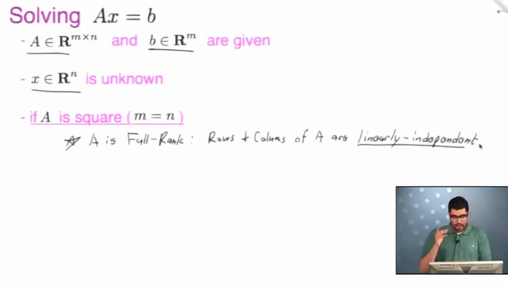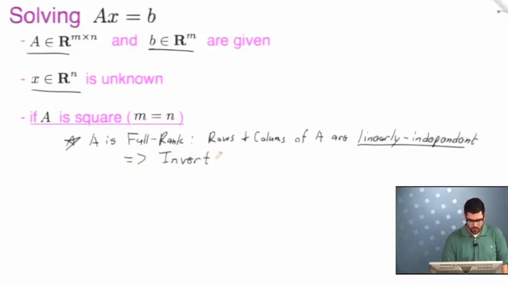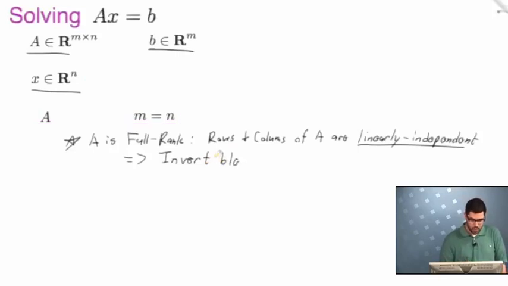Okay, so now why do we want to say it's full rank? Well, by saying it's full rank, we are able to invert it. So that means it's invertible. Okay, so now that it's invertible, the solution is x equals A inverse b.